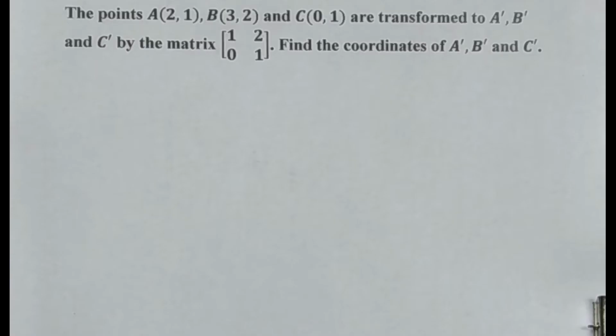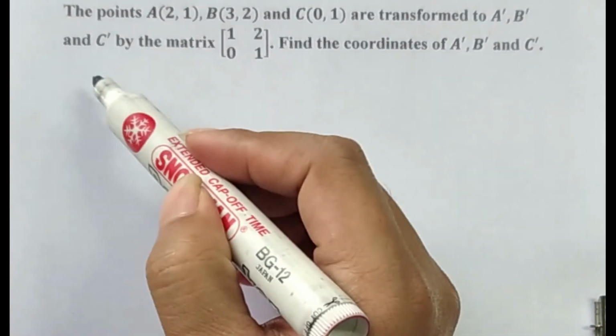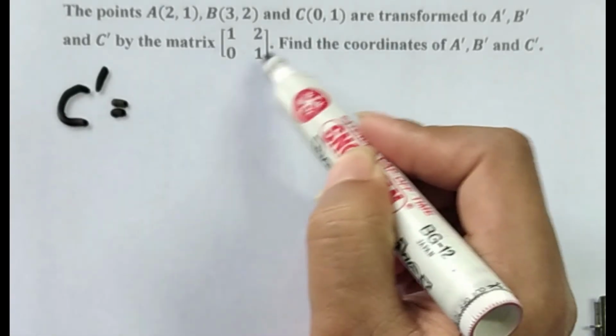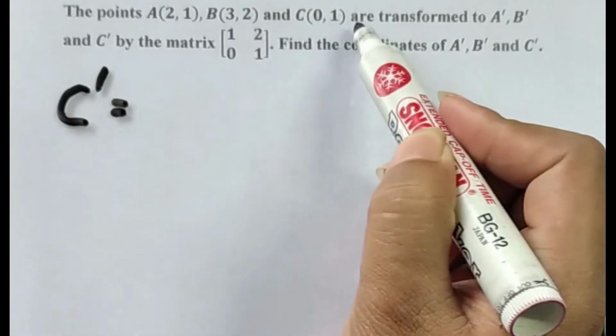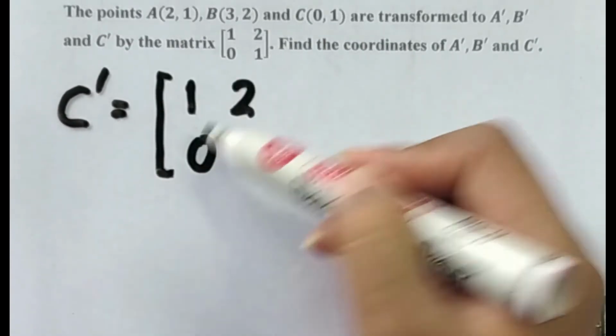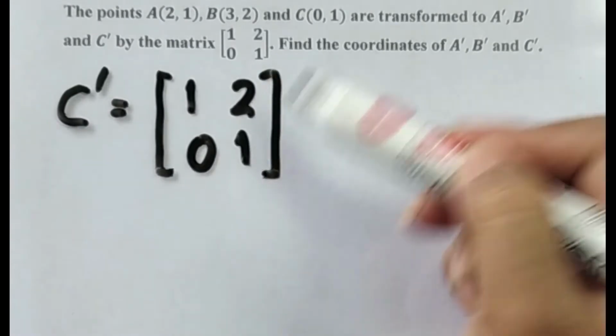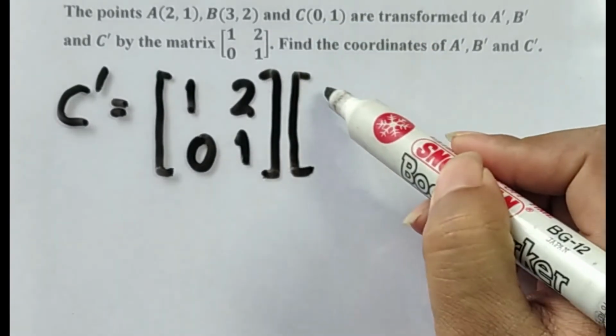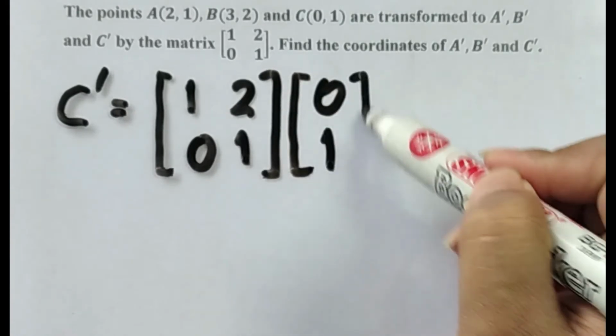Lastly, how to find C accent. In order to find C accent, it's the same way: multiplication between the transformation matrix and coordinate C. So 1, 2, 0, 1 multiplied by coordinate C. We make it as a matrix 0 and 1.